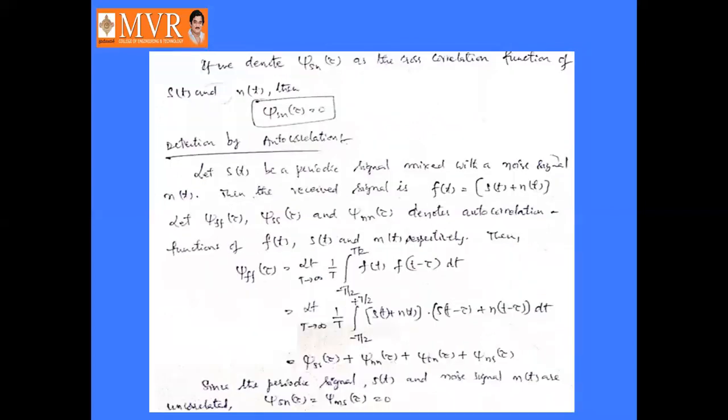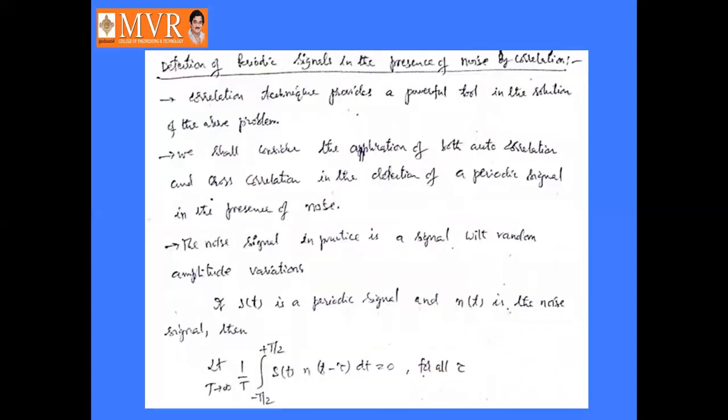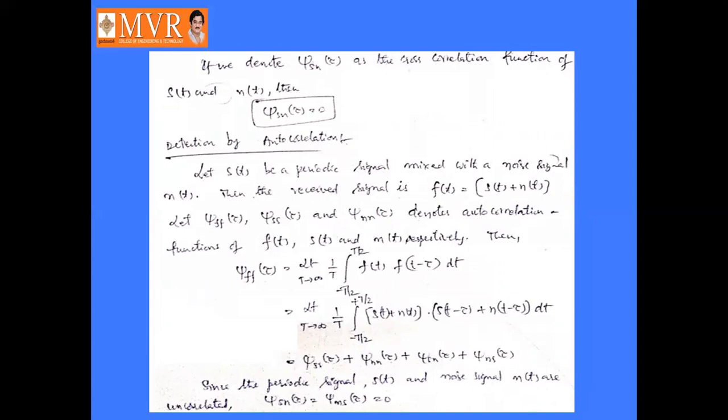If we denote J Sn of tau as the cross correlation function of S of t and n of t, then J Sn of tau is equal to 0. Why? Because n of t minus tau is a noise signal and S of t is the periodic signal. That's why J Sn of tau is equal to 0.